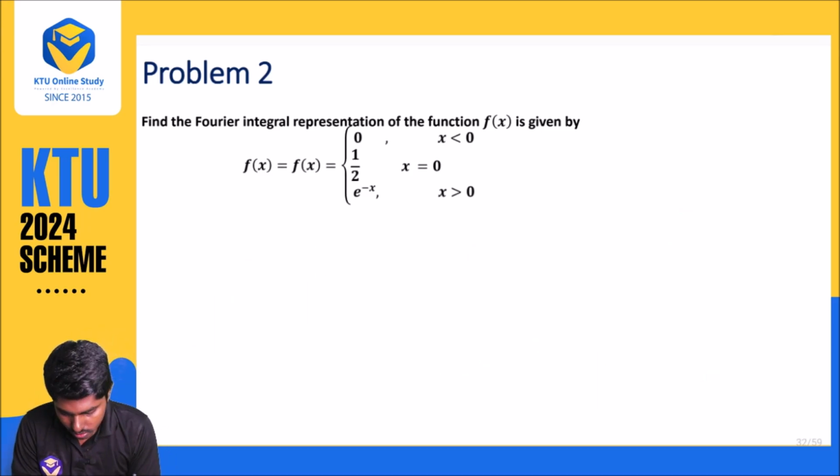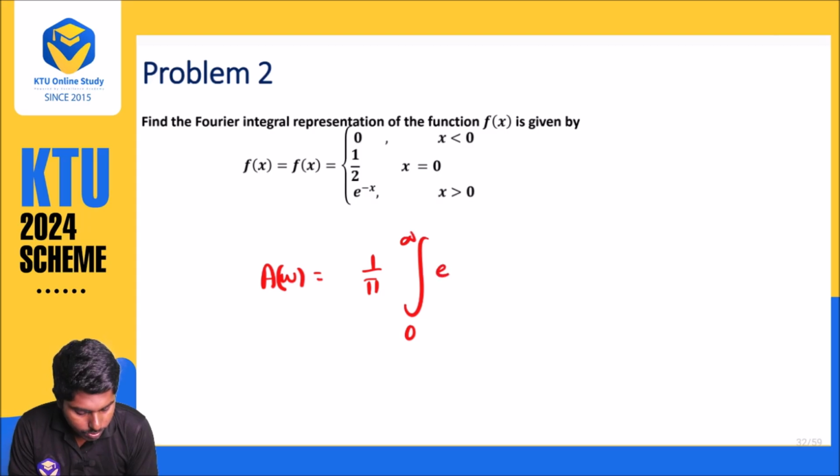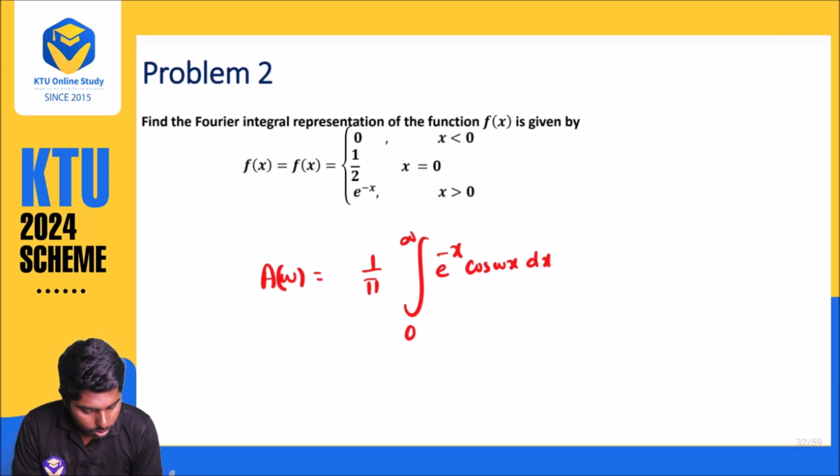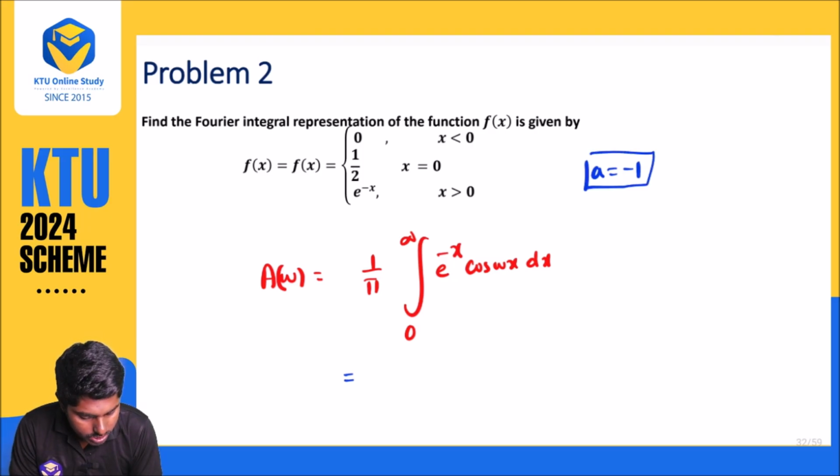Now, what is A of omega? A of omega is nothing but 1 by pi, 0 to infinity, e power of minus x cos omega x dx. According to the formula, a is equal to minus 1 and b is equal to omega.